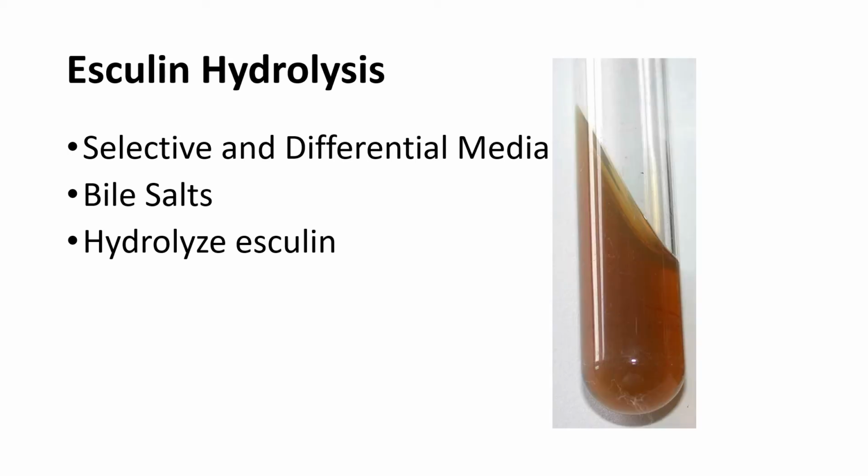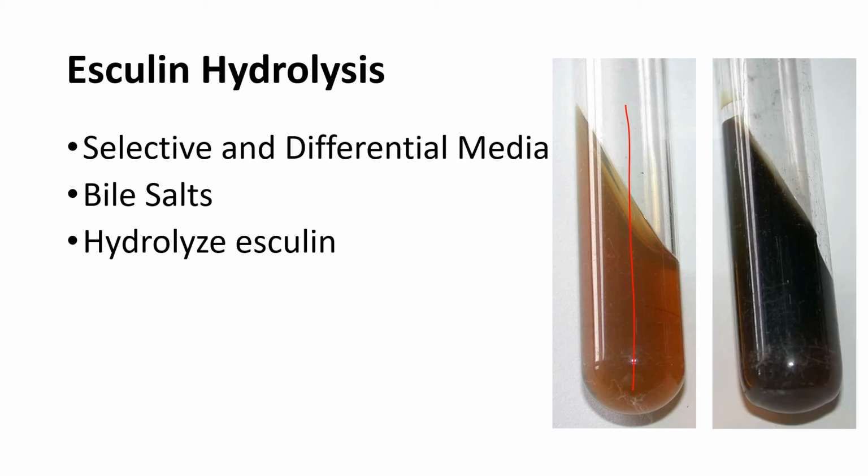So for this, the original color of the media is this brown color. To inoculate, you would have stabbed down into the media with the inoculating needle, and if the media turns black, then that is a positive for esculin hydrolysis. If it remains that brownish color, then that is a negative result.